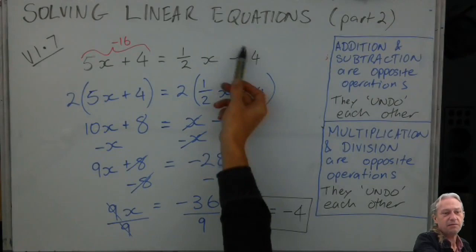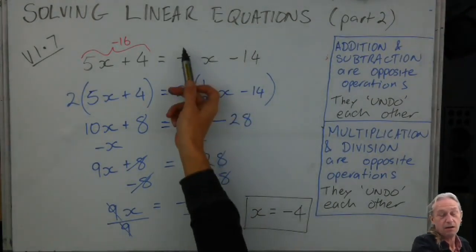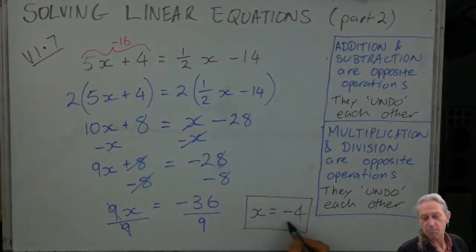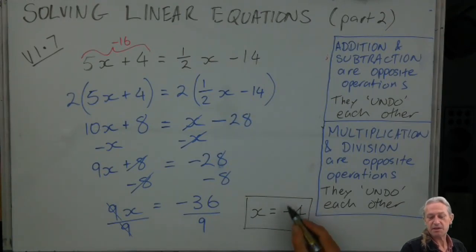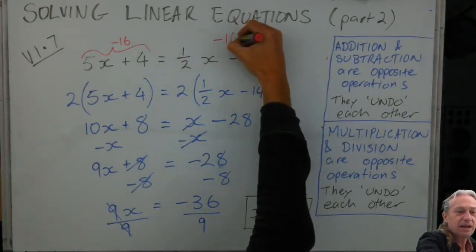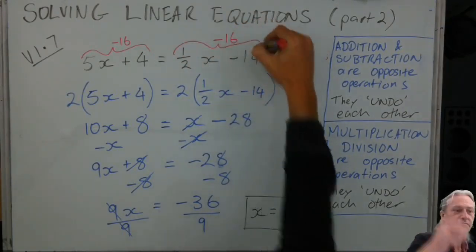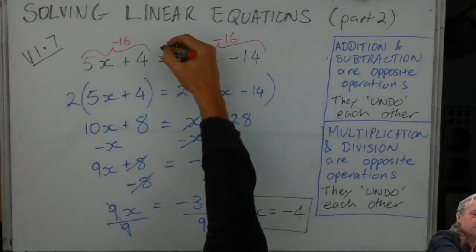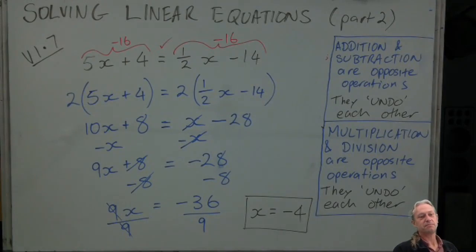And then over here, a half multiplied by negative 4 is the same as negative 4 divided by 2, so that would give us negative 2. Take 14 away is negative 16. So that is true. So that means this is our solution.